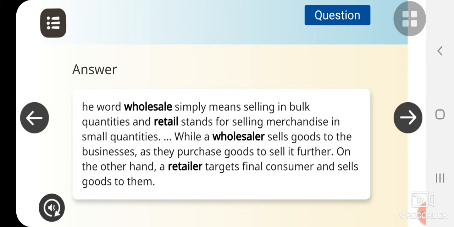Wholesale means selling in bulk quantities, and retail stands for selling merchandise in small quantities, while a wholesaler sells goods to the businesses as they purchase goods to sell it further. On the other hand, a retailer targets final customer and sells goods to them.